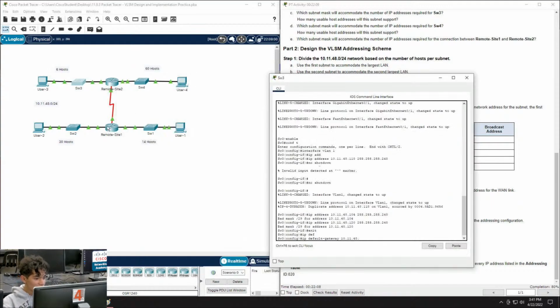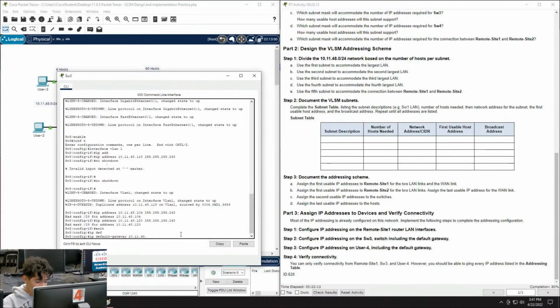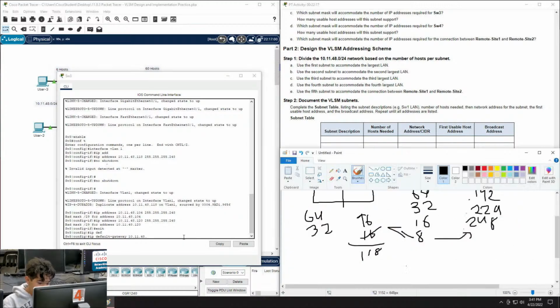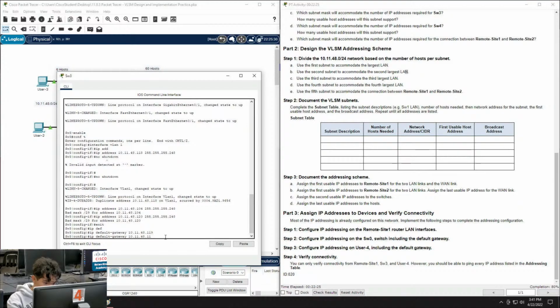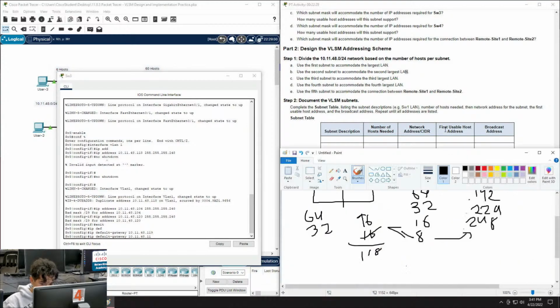After all of this, the first usable should maybe be 119. We will check and see. It is not 119. Okay. I did my math wrong somewhere.